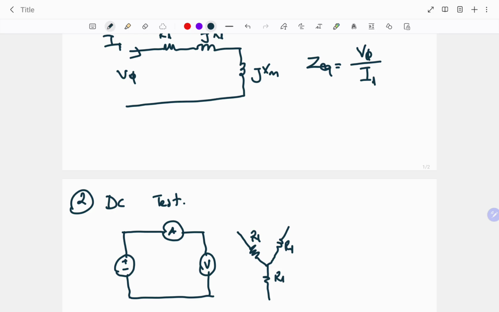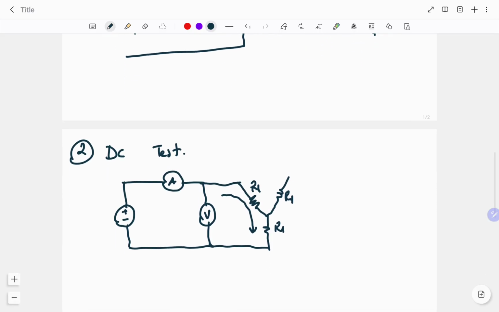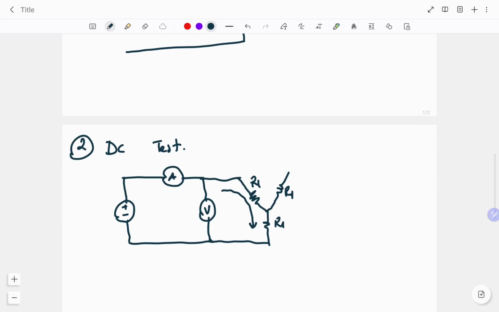We have a three-phase connection, so to find the average value of R1, we can use 2 of the 3 phases. The current flowing through here and the voltage we apply to the circuit will give us 2R1 equal to the voltage divided by the current.